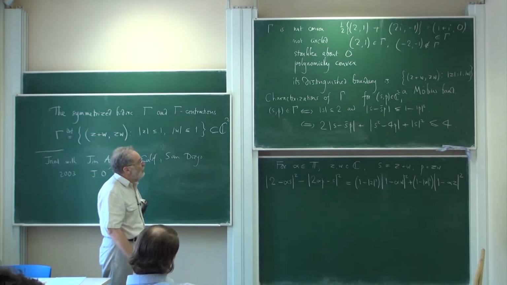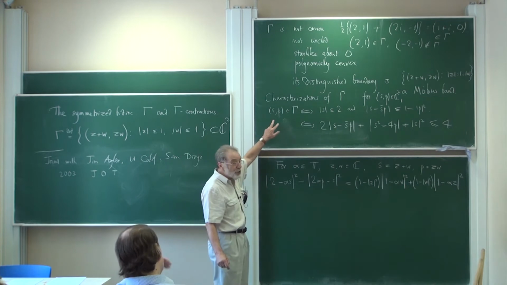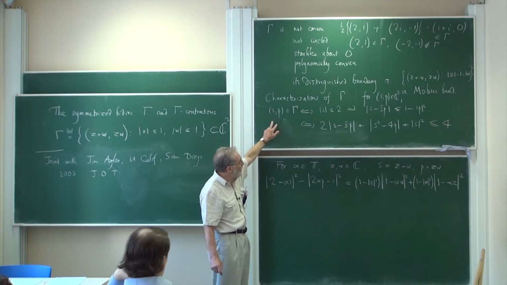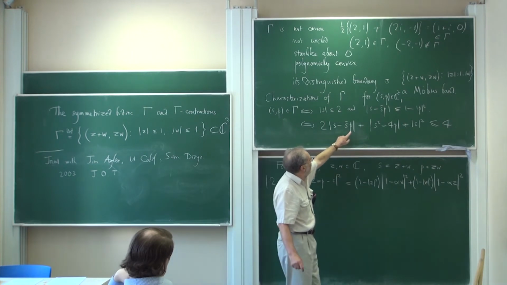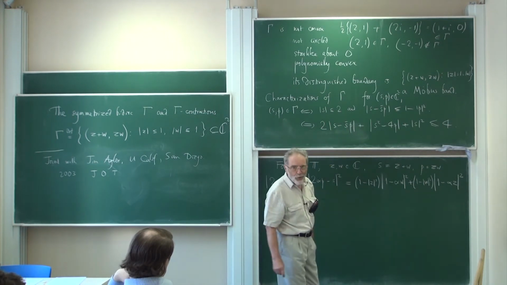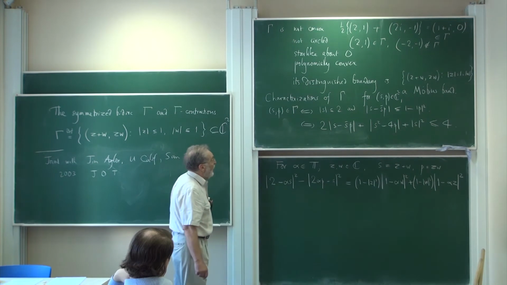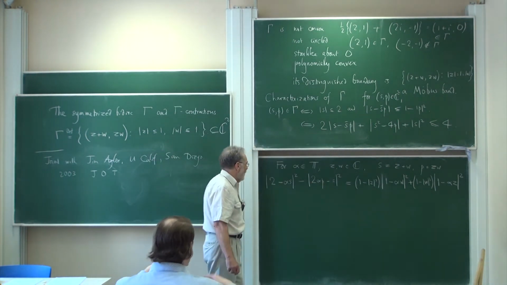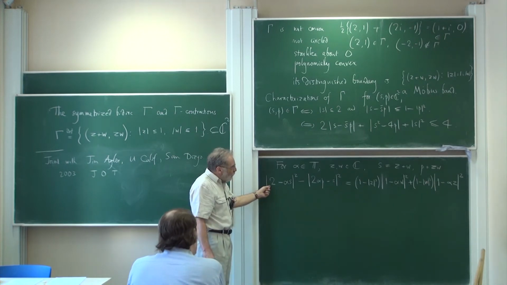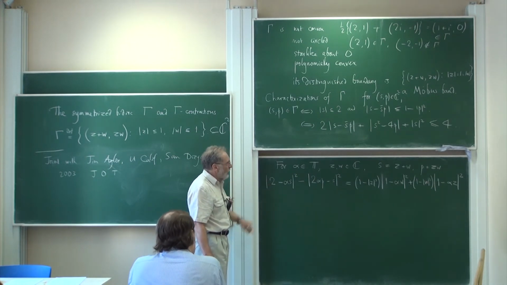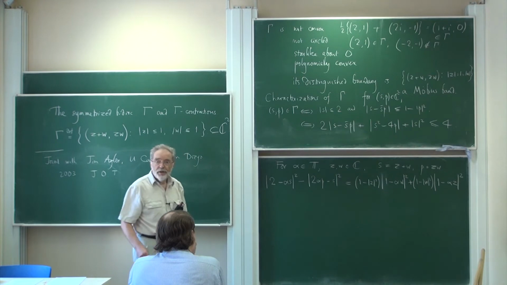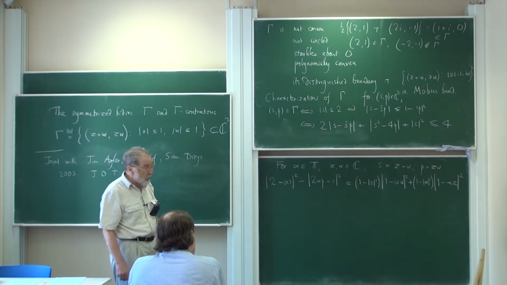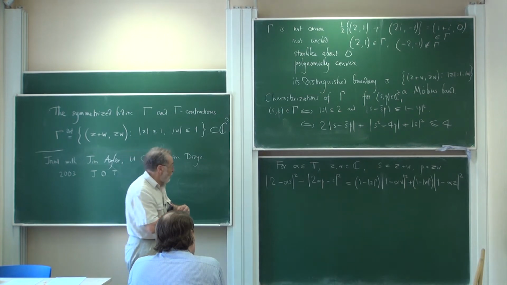That means you've got to construct a pair of functions s and p, complex valued functions on the disk, such that these inequalities hold pointwise. And of course, these are very hard to analyze. But from this identity here, you can get a much more amenable kind of condition for a point to belong to gamma.